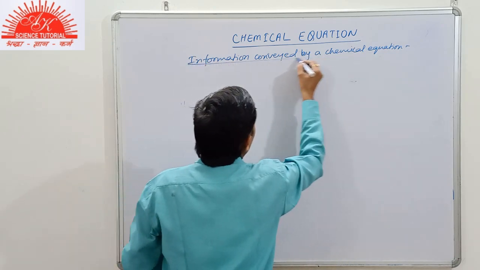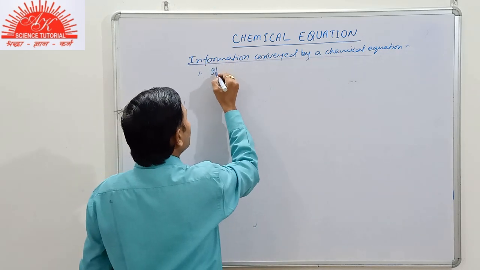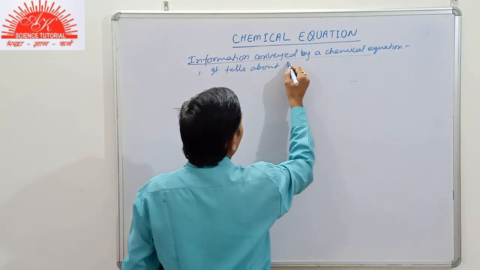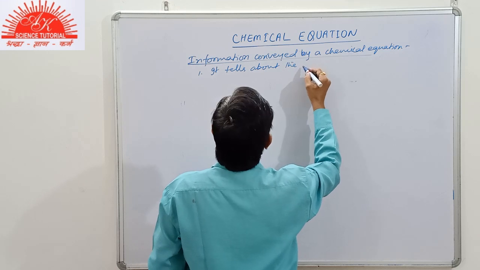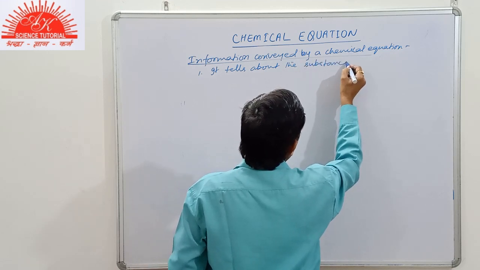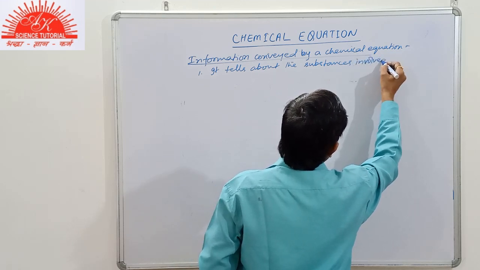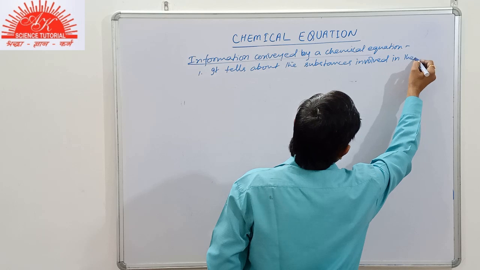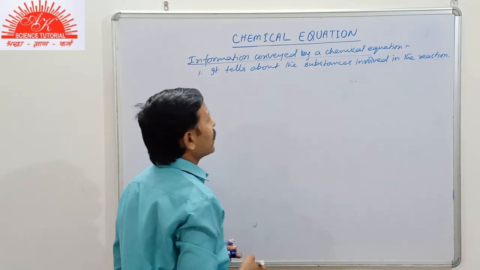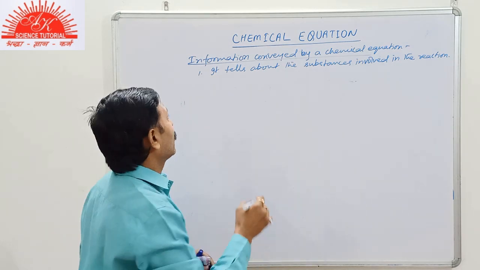What information is given by it? First, it tells about the substances involved in the reaction. That is, what substances are taking part, what the reactants are, and what the products are.